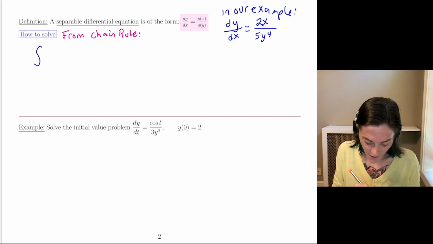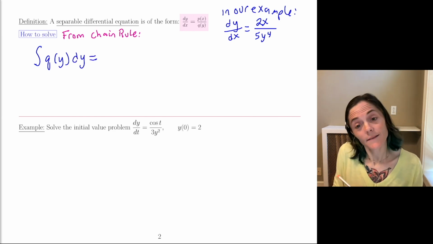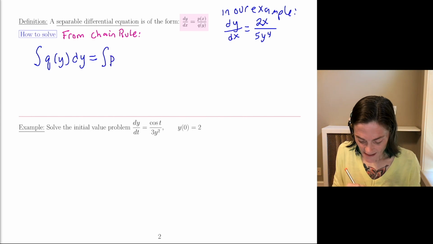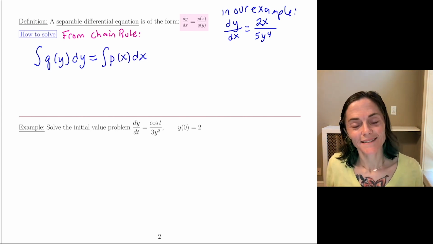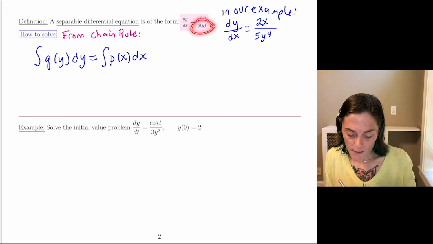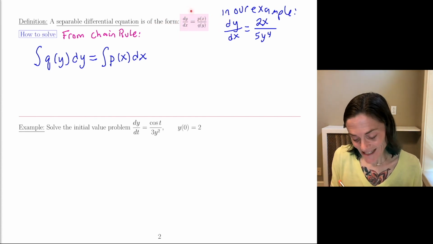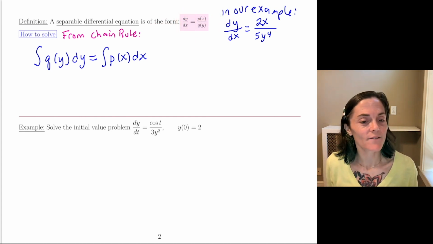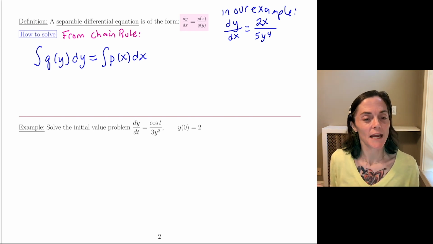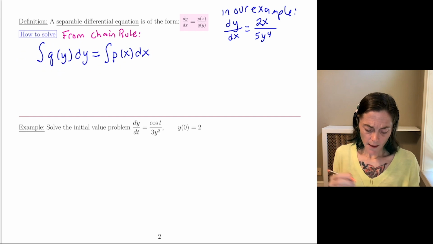So we would have the integral of q of y dy, and this will equal the integral of p of x dx. So the way to think about it, as I said, it comes from the chain rule, is that you multiply both sides by q of y and multiply both sides by dx. But this is a differential, not exactly a fraction, but this is correct from the chain rule, as we saw in the last example.